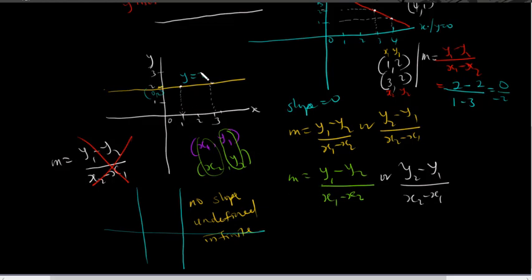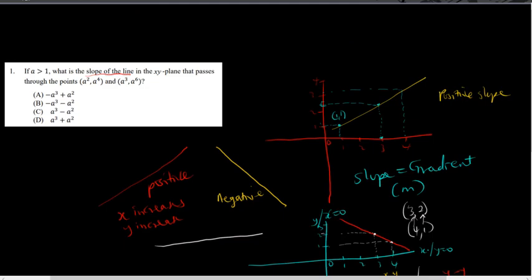Let me draw a line here and show what I'm talking about. If we draw the xy axis here, and we have 0, 1, 2, 3, 1, 2, then it goes on like this. And if I draw a vertical line through here, let me pick any 2 points on this line.